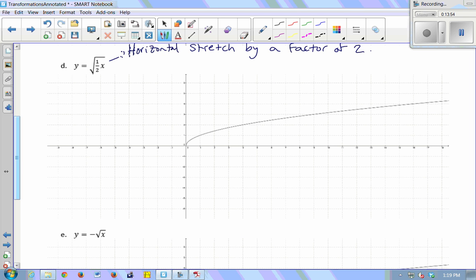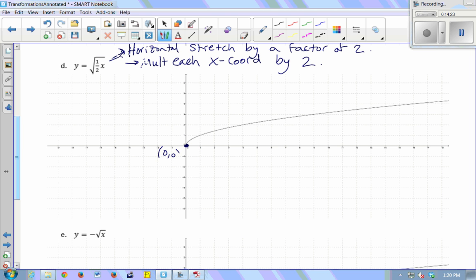So if I want to stretch horizontally by a factor of 2, that means I'm changing my x coordinates, right? Because I'm doing some kind of horizontal change. My x's are changing. And I'm stretching them. That means I'm going to double them. So I'm going to multiply each x coordinate by 2.